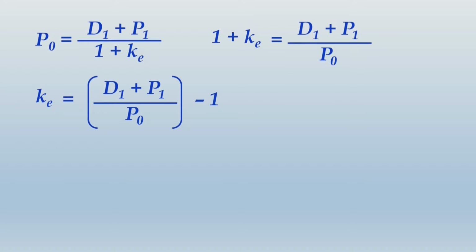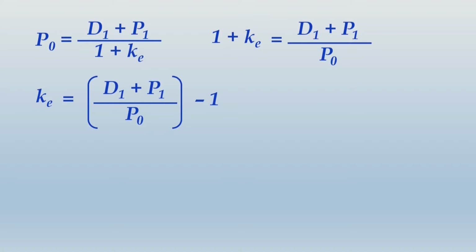From that whole thing, subtract 1. If you have understood this much very clearly, then if I have to bring that minus 1, which is appearing at the end on the right hand side, within the brackets where the denominator is P0, you know what I have to do? I have to write it as P0 upon P0.